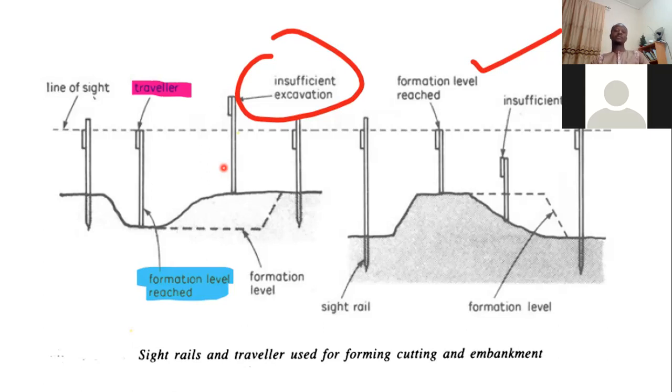So you can see that this one is a side rail. This is a side rail. But these two are travelers. These two, this and that, they are travelers.